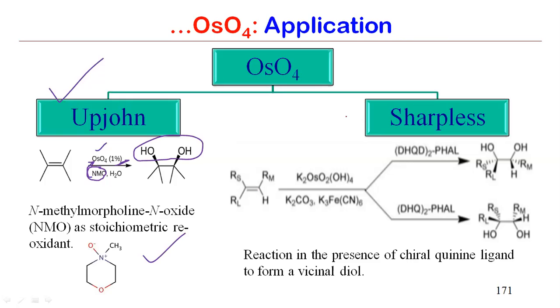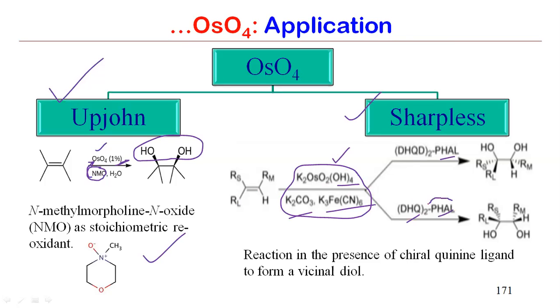But in the Sharpless dihydroxylation reaction, we are using a mixture of reagents. You can see here we are using K2OsO2(OH)4, K2CO3, and K3Fe(CN)6. In addition to these reagents, we are using DHQD, dihydroquinidine, and dihydroquinine, with a phthalazine linker.